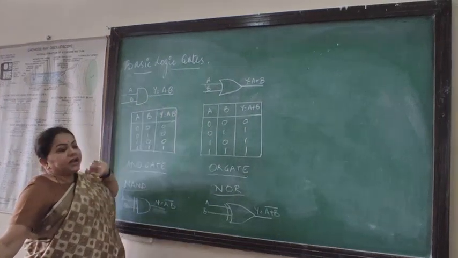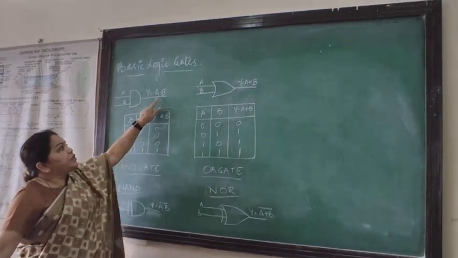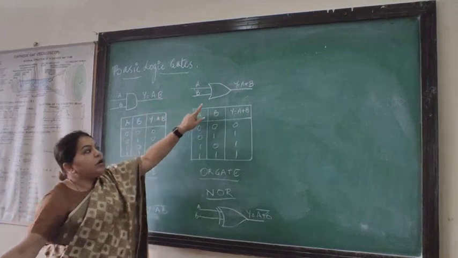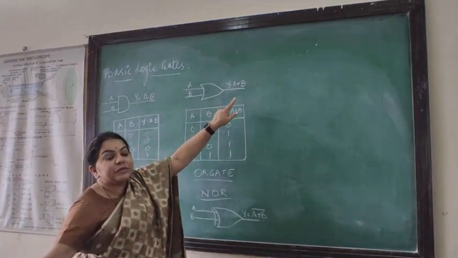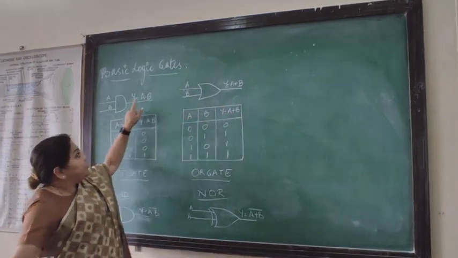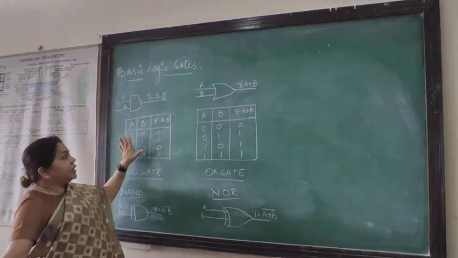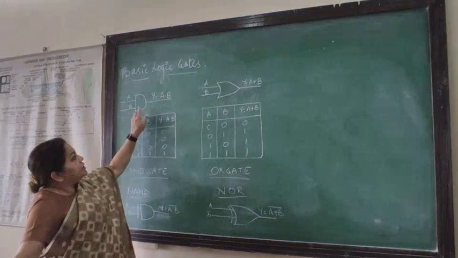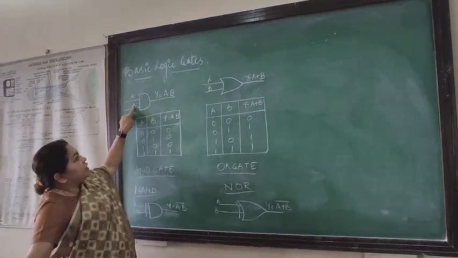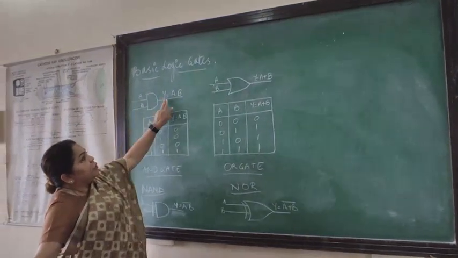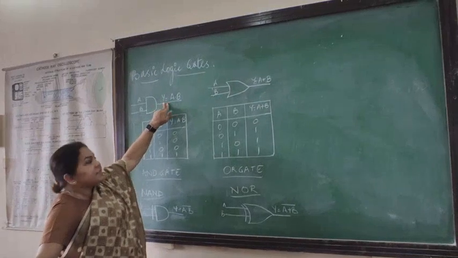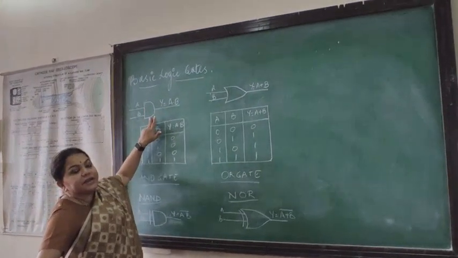Now, what does the AND gate do? AND performs the operation of multiplication, OR performs the operation of addition. This is my AND gate, and this table shows input and output. A and B are the inputs on the left hand side, Y is the output on the right hand side, and this is the symbol of the AND gate.